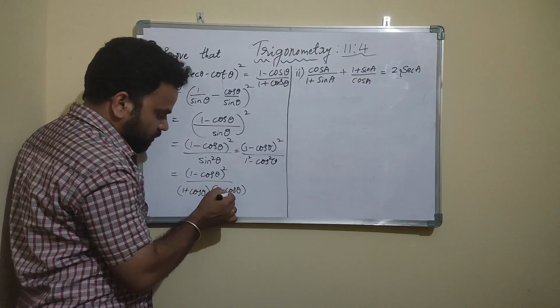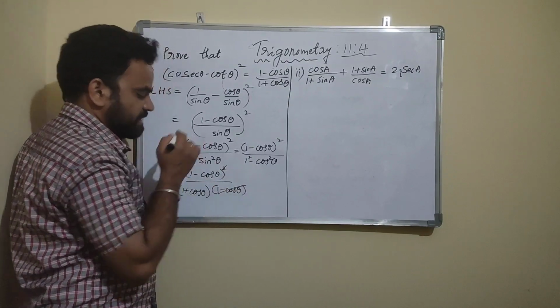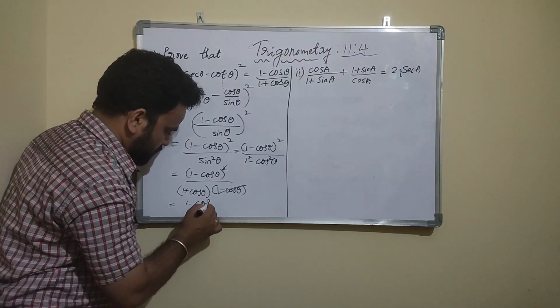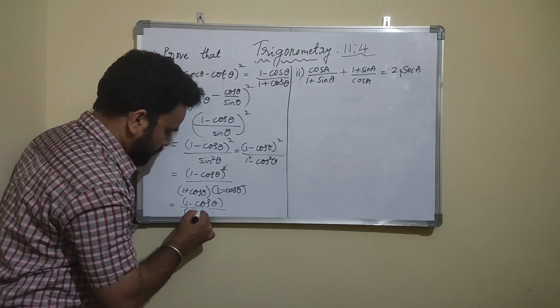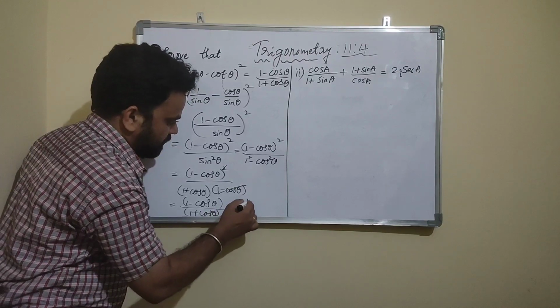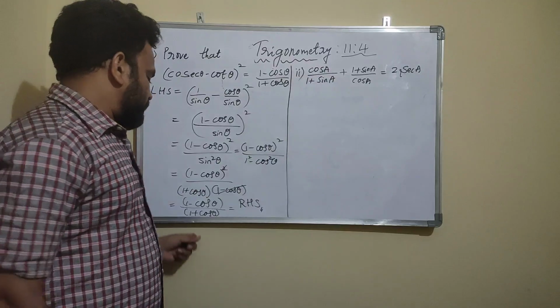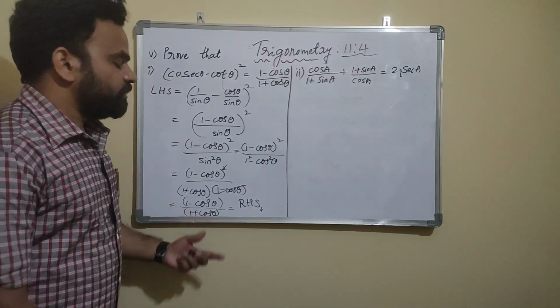So here also 1 minus cos theta, here also 1 minus cos theta, here 2 are there, 1 will get cancelled. What is remaining, (1 minus cos theta) divided by (1 plus cos theta), which is RHS, that is the required RHS value. This is how we proved the first problem.